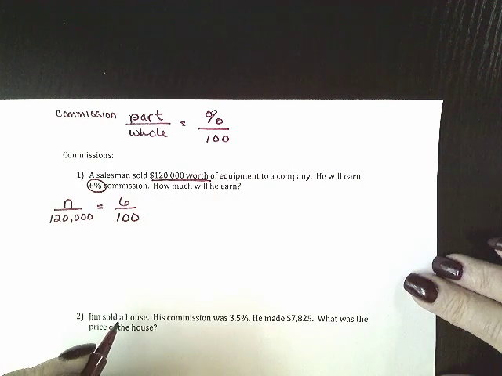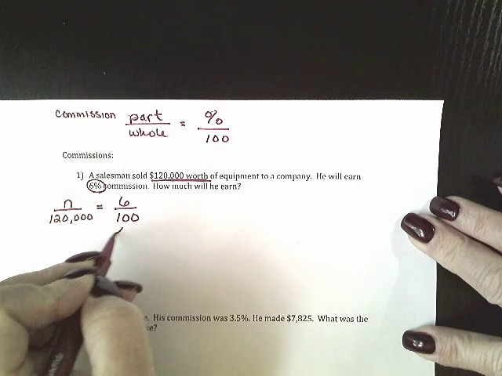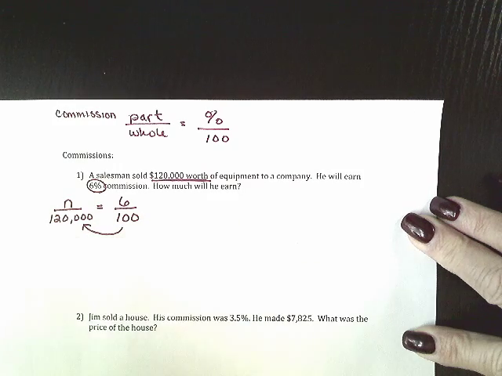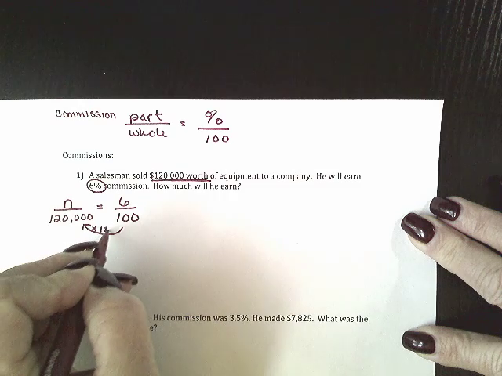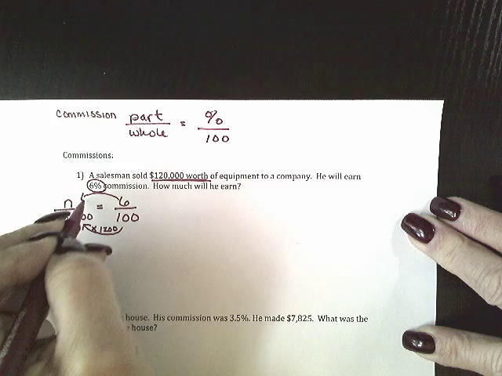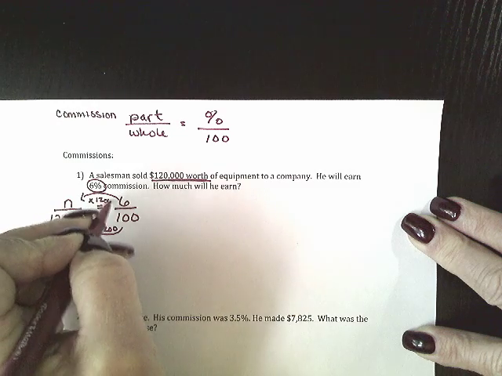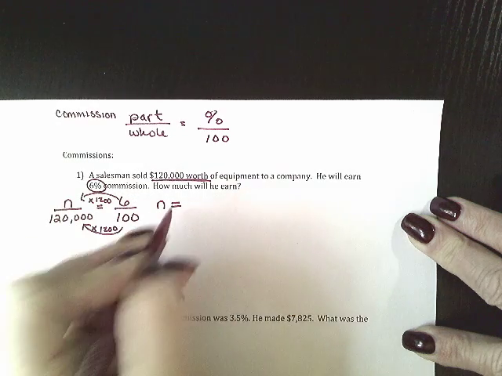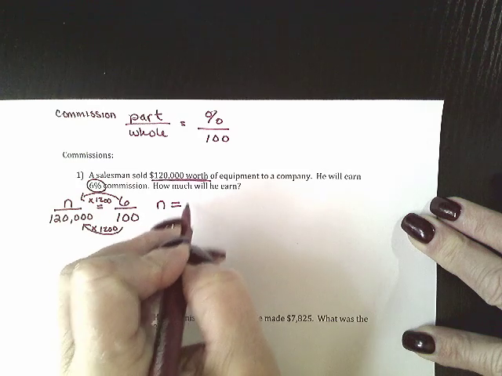Now this one here, we can go from 100 to 120,000 by multiplying by 1,200. If we do the same up here with the 6 and multiply by 1,200, then we know that N is equal to $7,200.